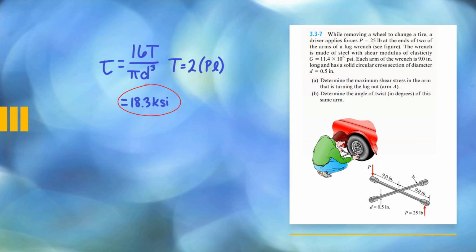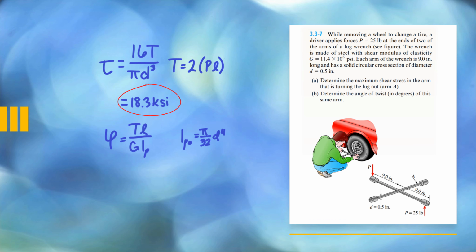Because there's going to be some resistance by the lug nut, and we're also putting forces in the other direction, and it does have some elasticity, it will be twisting, and that's conceptually what they're asking for. So the angle of twist is TL over G times polar inertia.